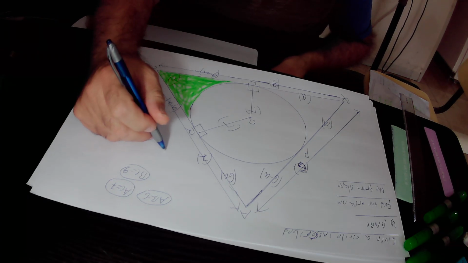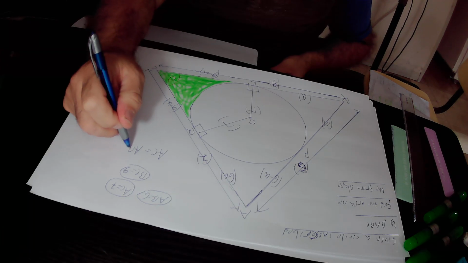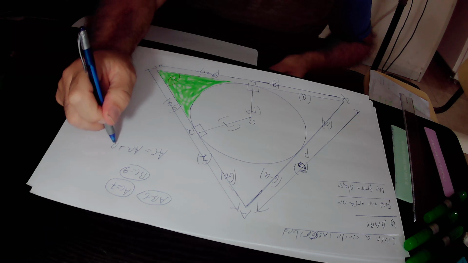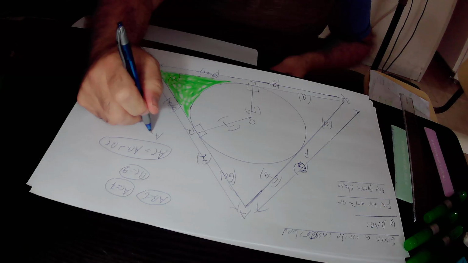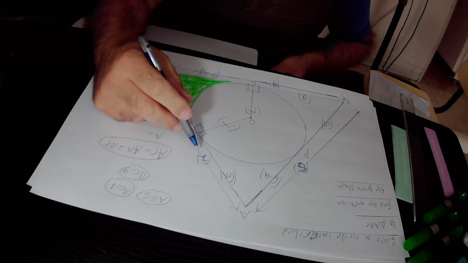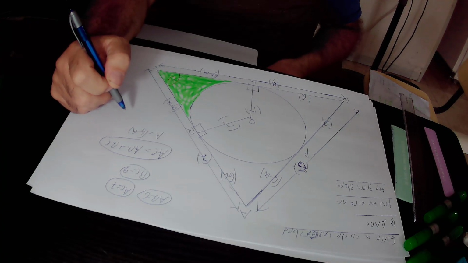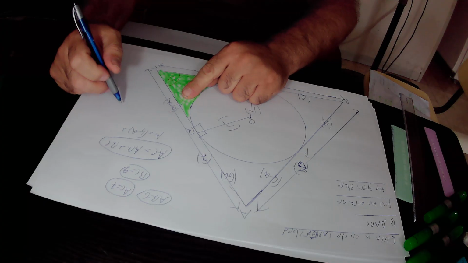So AC equals AQ plus QC. AC equals AQ, which is 6 minus A, plus QC. QC is 9 minus A.